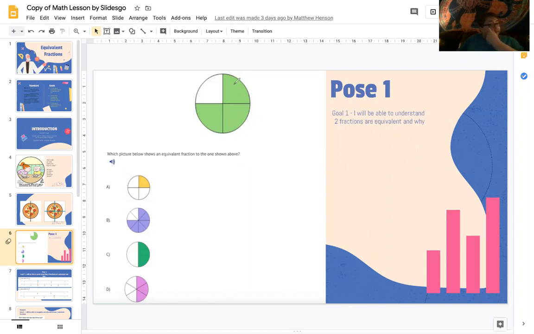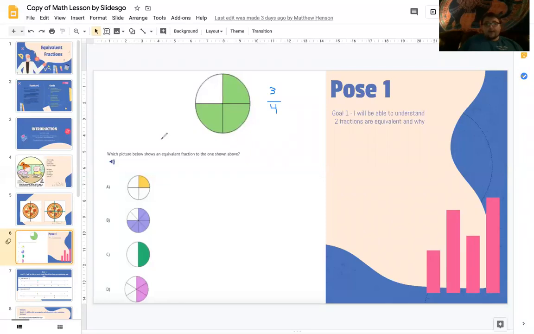So first, what I want to do is write my fraction of the shaded portion. There are 4 parts total, so that is my denominator, 4. I always like to find my denominator first. It's just easier. So I've got 4 total parts as my denominator, and I've got 1, 2, 3 that are shaded. So 3/4 is the fraction shaded.